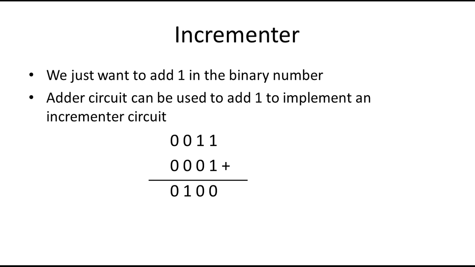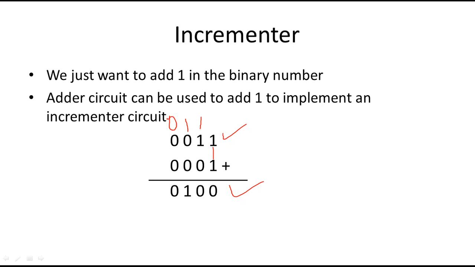For example, if we have the number 0011, we just add 0001 to our number, so we get an incremented output. So 1 plus 1 is 0, 1 carry. 1 plus 1 plus 0 is again 0, and 1 carry. 1 plus 0 plus 1 is 1, and carry 0.